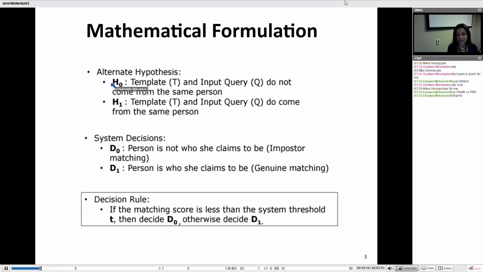Template and query come from different identities.